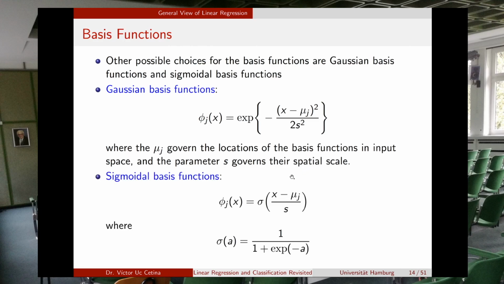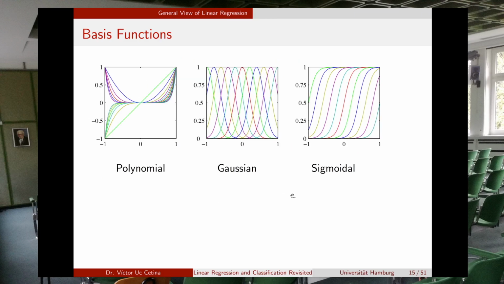Another option would be a sigmoidal basis function, and this has this shape. This is the sigmoidal that we have seen before, 1 over 1 plus the exponential of minus a. And again, you would need to define many centers for this sigmoidal. This would look something like this.